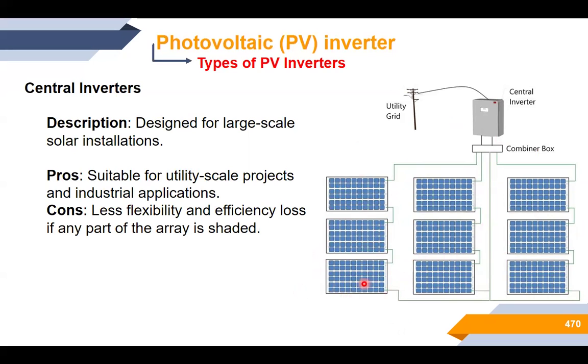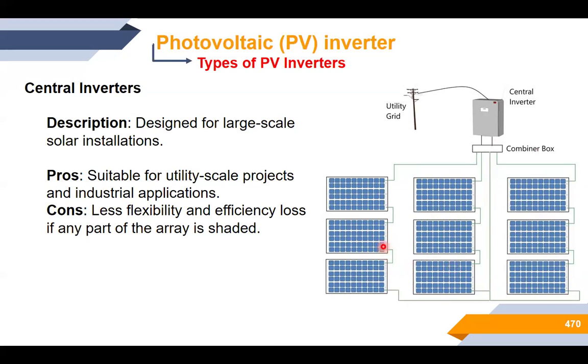This is the first string, this is the second string, and this is the third string. When we talk about large-scale PV systems, we will talk about, for example, 20 or 30 modules connected in series. This is just a picture to provide you with a summary of this situation.